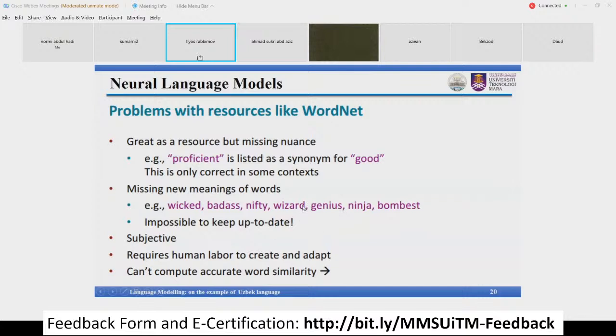And we know new words are constantly added into the language. The next problem: it is subjective, and it requires human labor to create and adapt. Can it compute accurate word similarity?